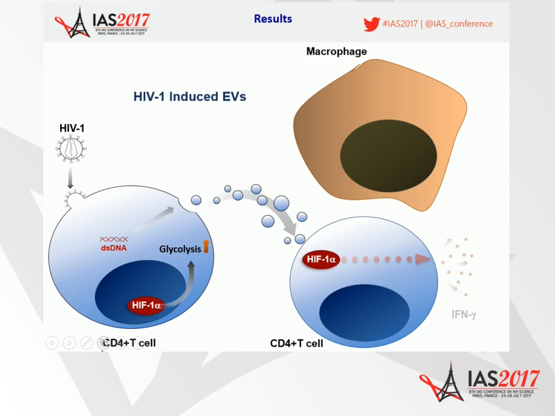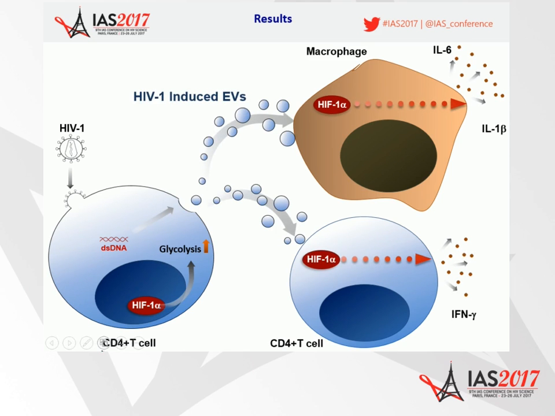And finally, we show that the double-stranded DNA is enough to produce more extracellular vesicles, and these vesicles have the potential to promote the HIF activity in non-infected cells and promote the secretion of pro-inflammatory cytokines in non-infected cells. So that's all.